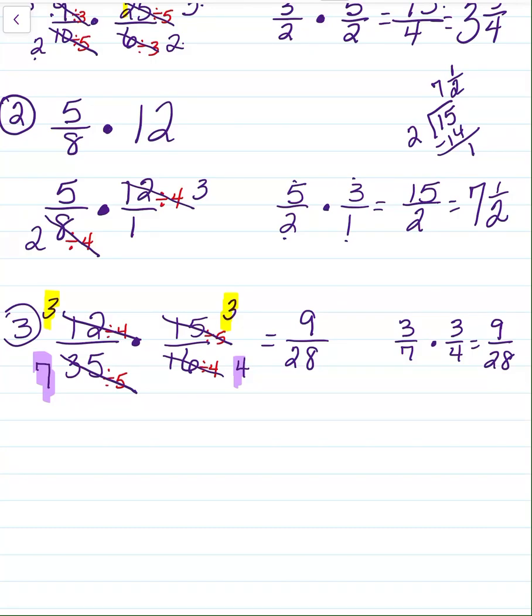All right, let's do one where the numbers aren't quite as big, but I wanted to make sure you saw an example that looked like this, because sometimes kids get this one confused. Okay, so we look at our diagonals. So we have 5/9 times 3/5. We look at our diagonals and we say 3 and 9. Is there a value that can divide into 3 and 9? Yes, and it is 3.